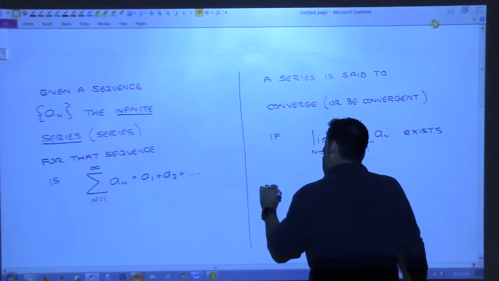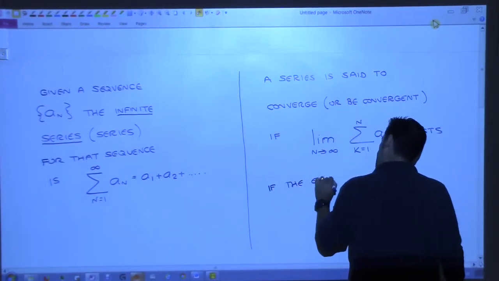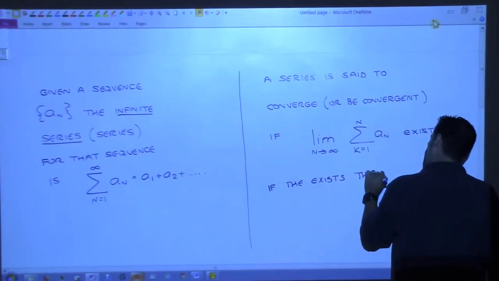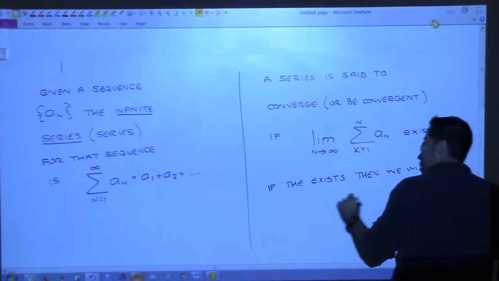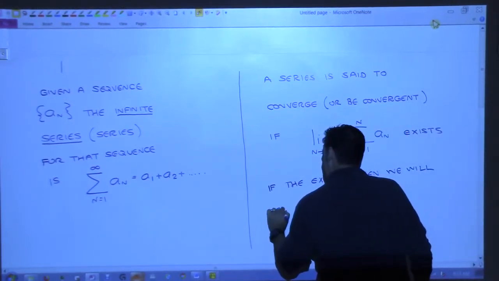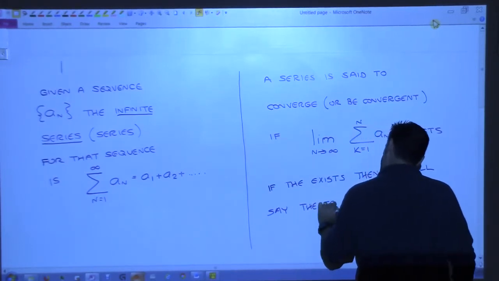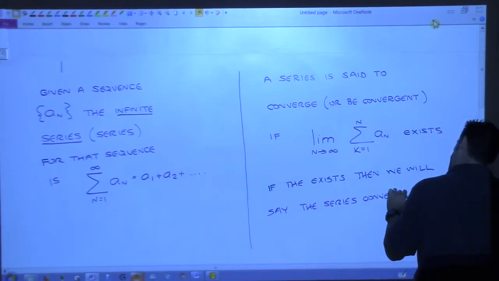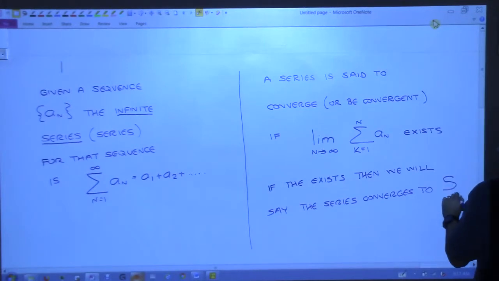If the limit exists, then we will say the series converges to capital S, all right?